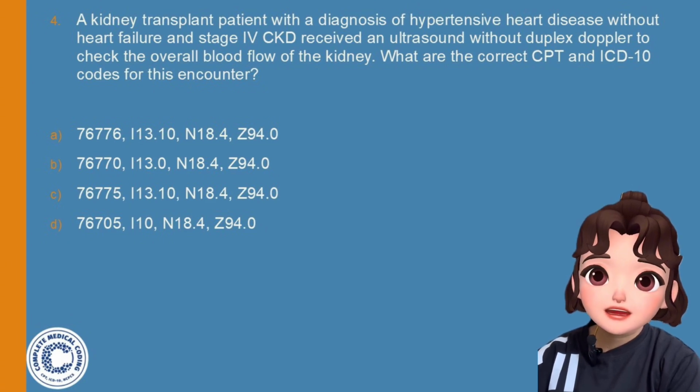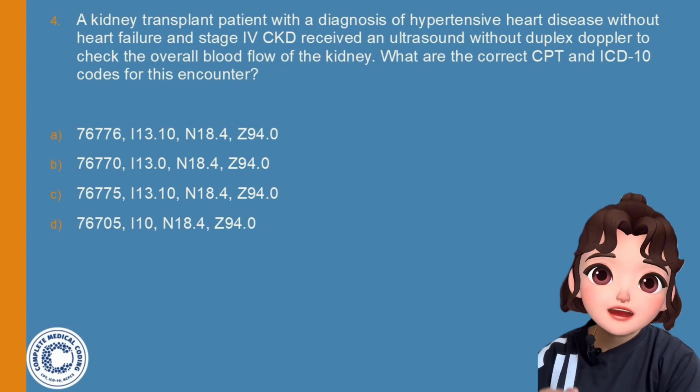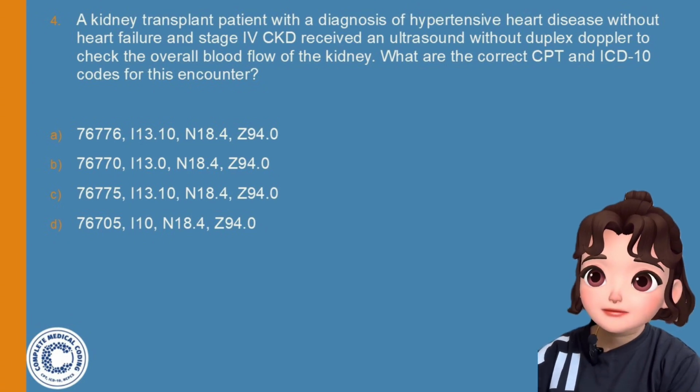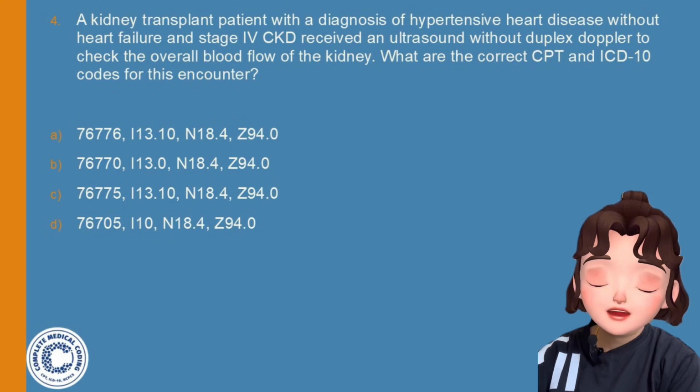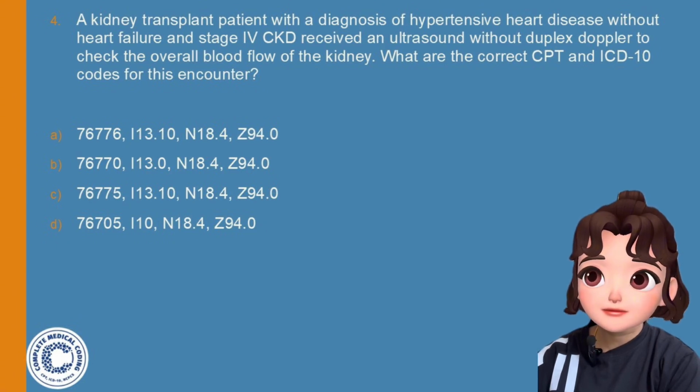See, I am just explaining how you can save your time during the examination. So the N code and Z code are common for all the options. So you have to check the correct I code only for the hypertension code. Whichever is correct, only that you have to check.